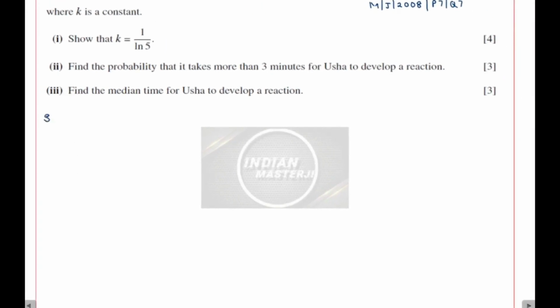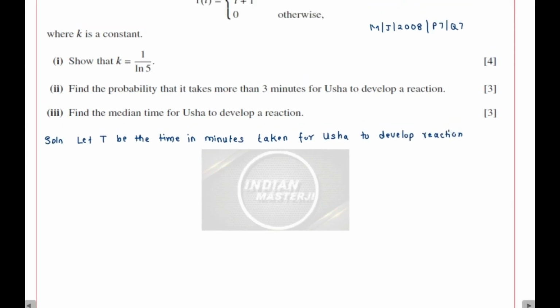Can we say, let t be the time in minutes taken for Usha to develop the reaction? This variable will help us in the second part.